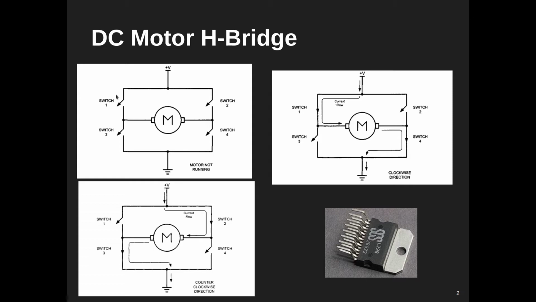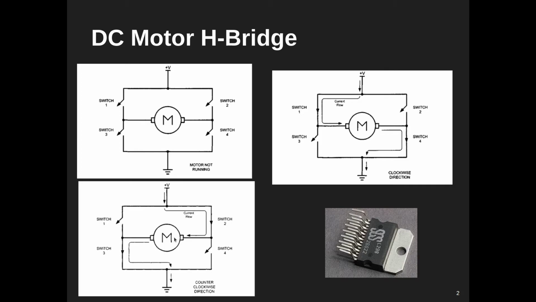Staying at a higher abstraction level, we see that they have four switches. If we close, let's say, switch 1 and switch 4, the current would flow as shown in this diagram, and the motor is going to rotate clockwise. If we close switch 2 and switch 3, the current would flow in the opposite direction, and the motor will rotate in the opposite direction.